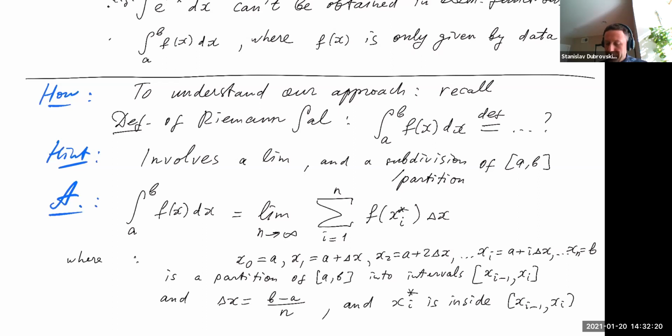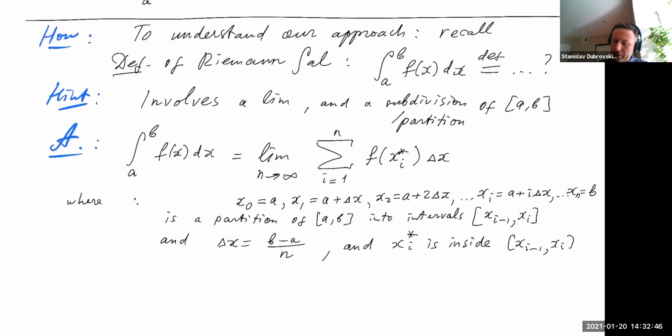And the claim is that if we pick these x superstars anywhere inside our subdivisions, in the limit, if this limit exists, then it does not depend on the choices we make of these superstar points, to evaluate our f at these points inside our subdivisions.